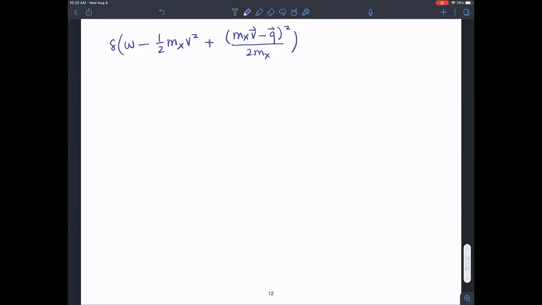Okay, so just from this energy conservation equation, I get a relationship between the energy deposited and the momentum transfer, which depends on the initial velocity.